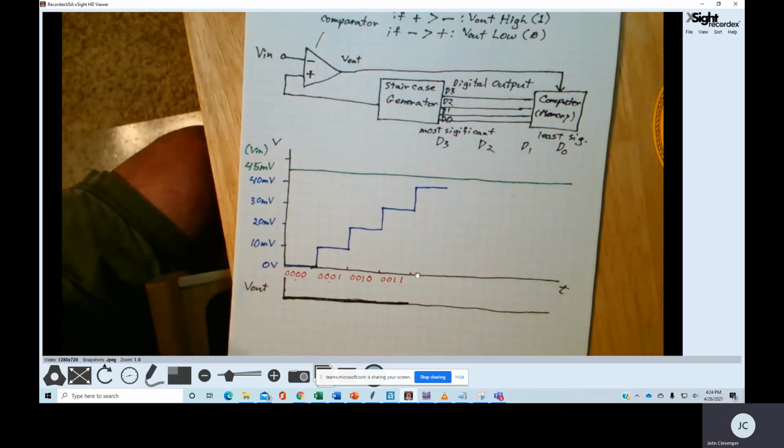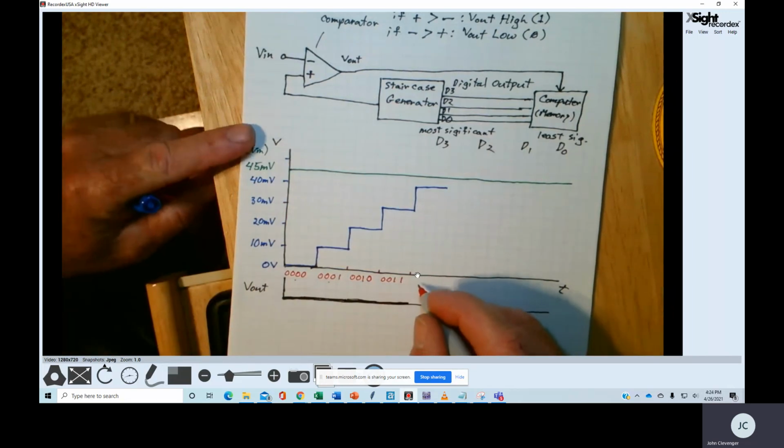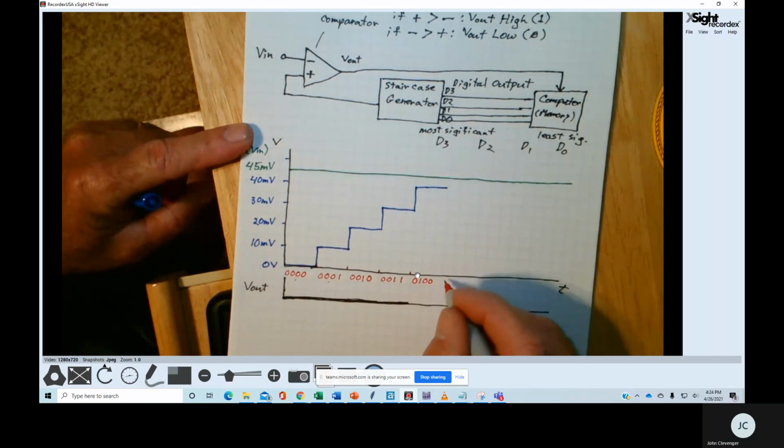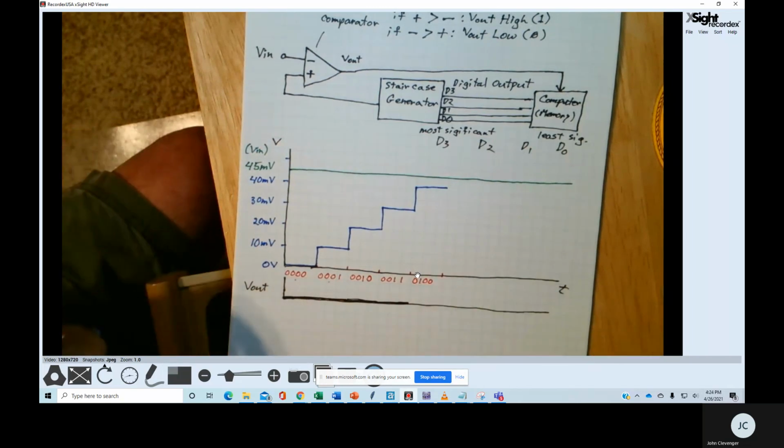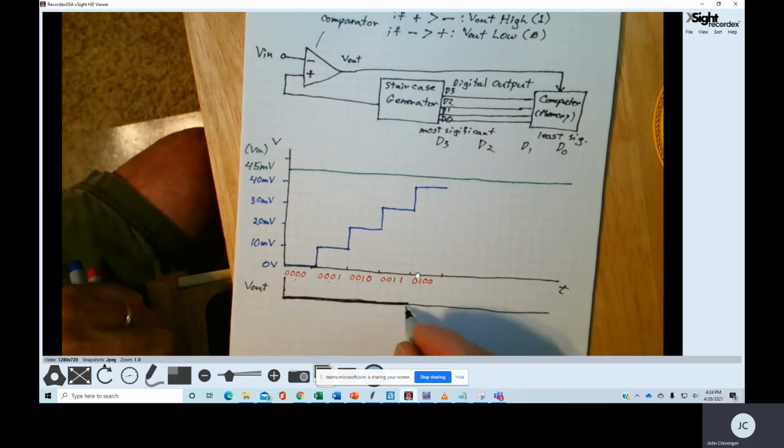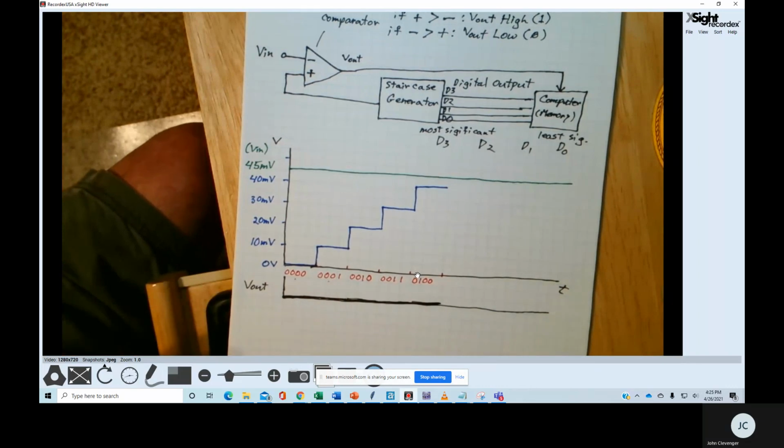And the count will be, guess what? 4. And the inverting input is still greater than the non-inverting input. The output of the comparator will still be low.